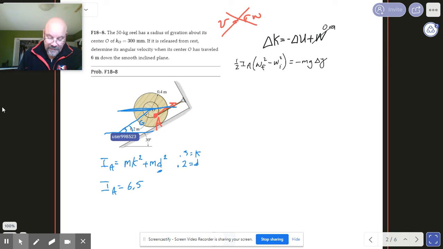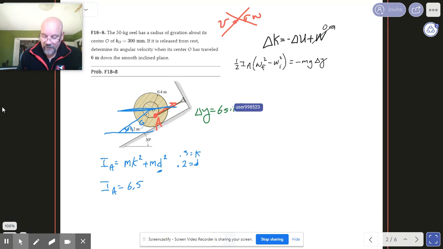That's 30 degrees, and so if we run all that together, you can see that our delta y term is going to be 6 sine 30 degrees. And it's negative once again. Actual value for that is minus 3.